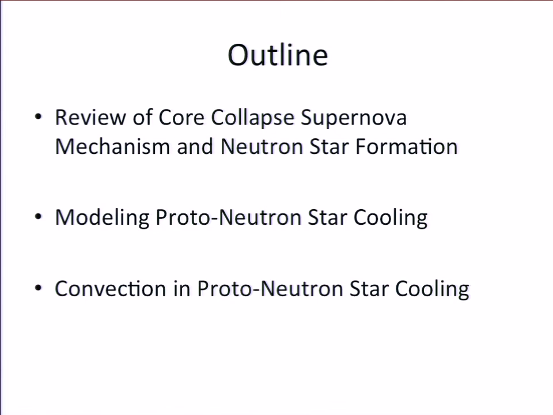This is what we've been doing, fairly simple numerical models of this. Then I'm going to go on to talk about some specific effects that change what the cooling timescale looks like, so convection and proto-neutron star cooling, and tell you about some things we might be able to learn about dense matter from detecting a neutrino signal, and that this is related to how convection proceeds.